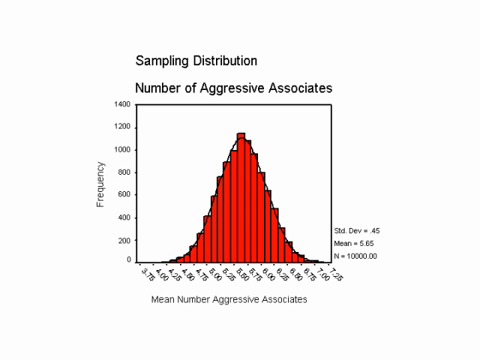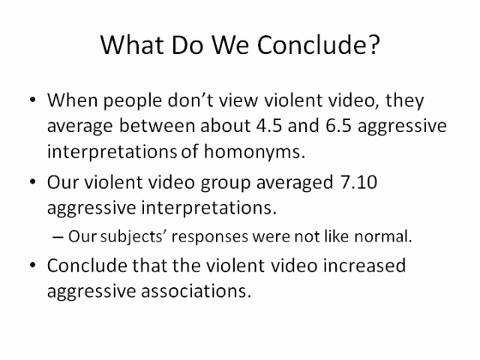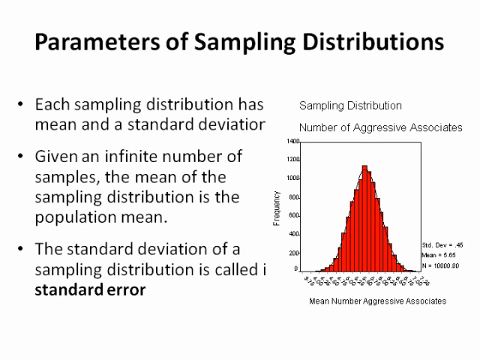This is normal aggressive associates, not having watched the video. You see that the mean there on the right again is around 5.5. Based on the sample statistics, we conclude that the video appeared to have increased the aggressive associates.